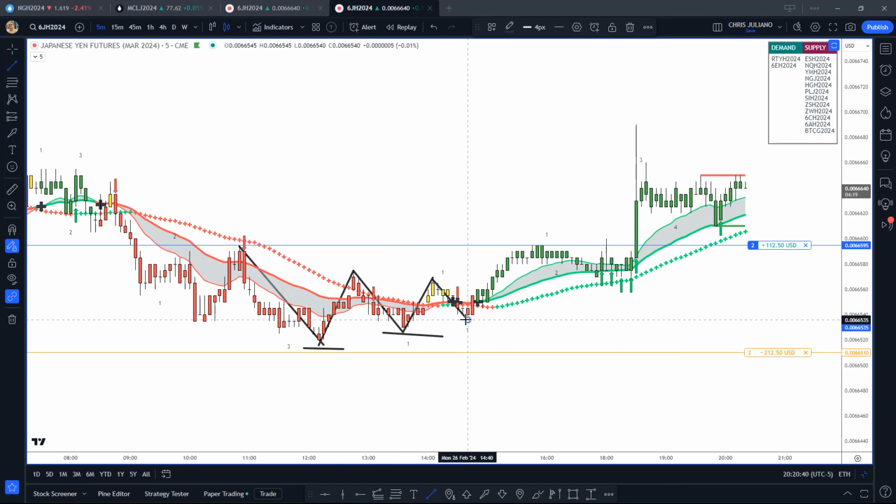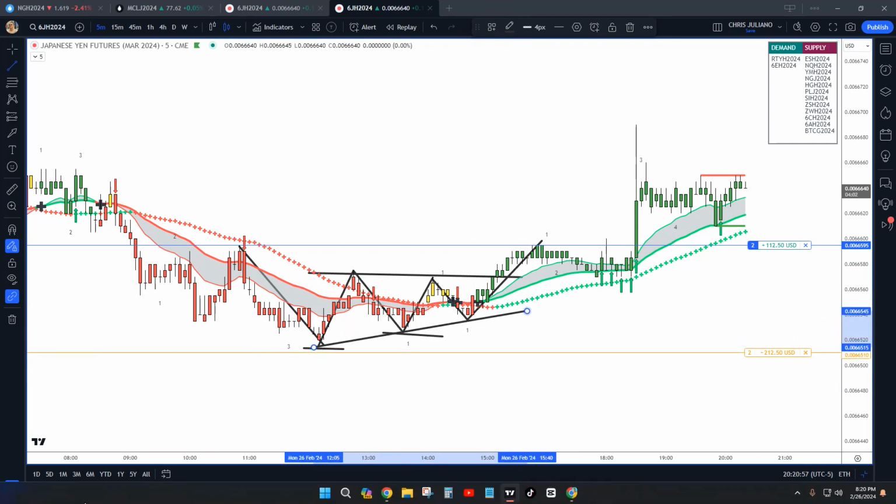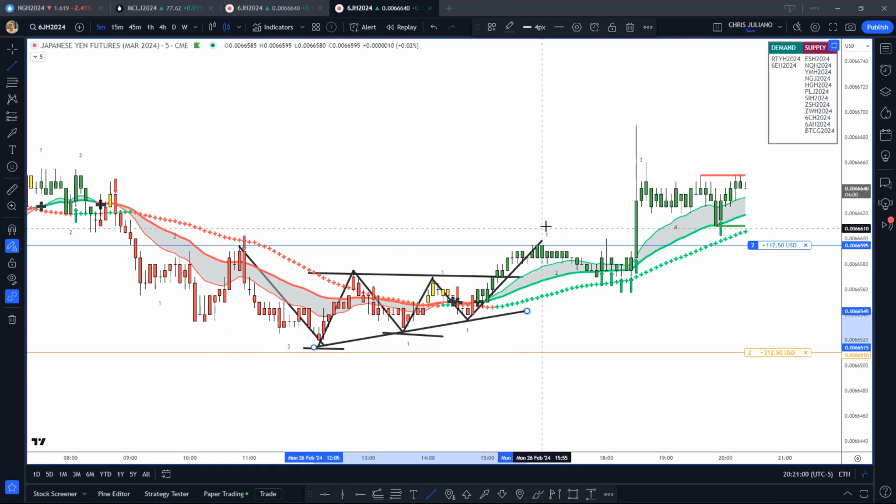Made another higher low, boom, right there, broke structure. So that was telling me that that's the pattern that we look for, right? And we've all seen this pattern, this sort of ascending triangle here. You can even draw it like this, right? Sideways, break of structure on that 5-minute chart.